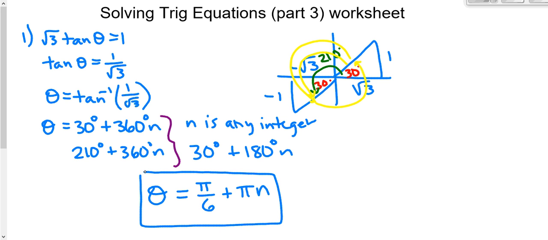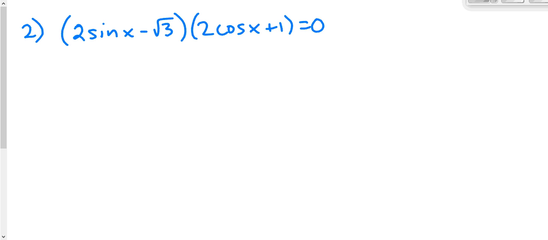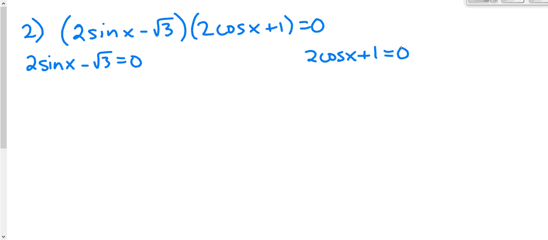Now let's do number 2. Okay, it's already factored. We're going to set each factor equal to 0 and solve each equation. So for the first one, let's add square root 3 to both sides and divide by 2.